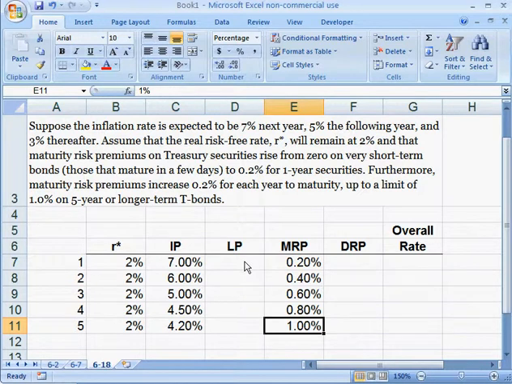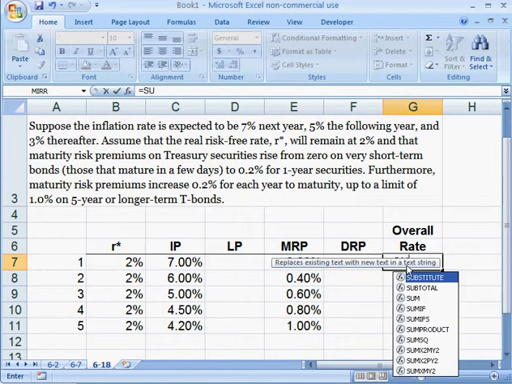But you very well could have numbers in here. A lot of times these numbers are also going to be increasing, just like the maturity risk premium is. Because as you get out further, a lot of times it's less well known how well the company is going to hold up in terms of its liquidity and its default. And because that's an unknown, it's also a risk. And whenever you have the risk, then there's going to be some additional charge in order to cover that risk.